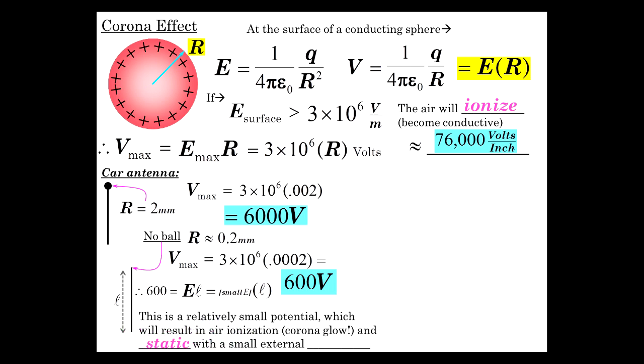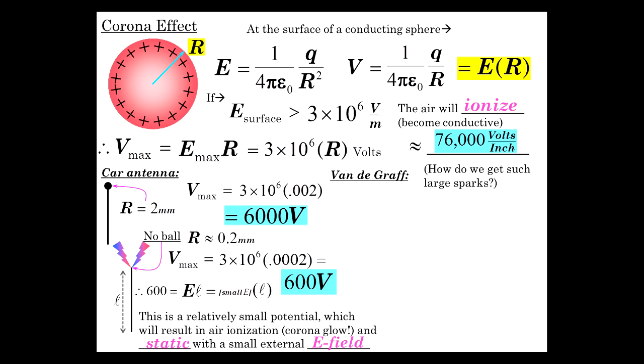And static occurs, especially if you have an AM radio. You will hear static at that point, even with a small external E field. It's like a little mini lightning bolt. So hopefully that gives you some substantiation for why you would want a little metal sphere on top of your antenna.